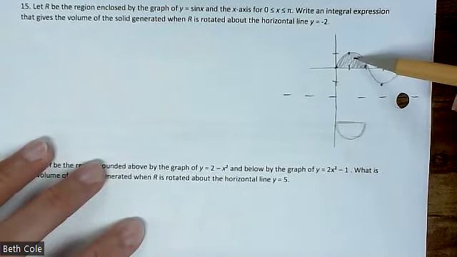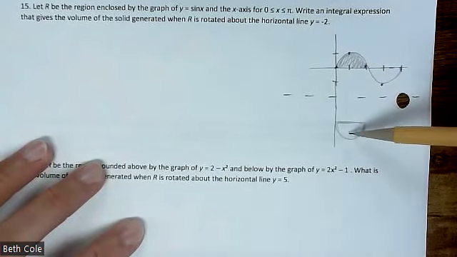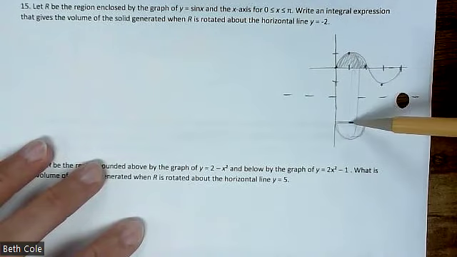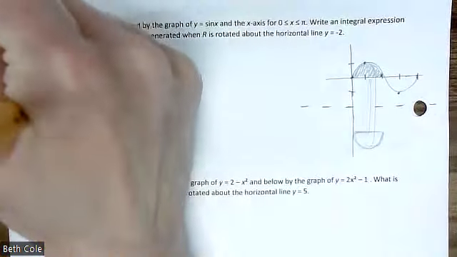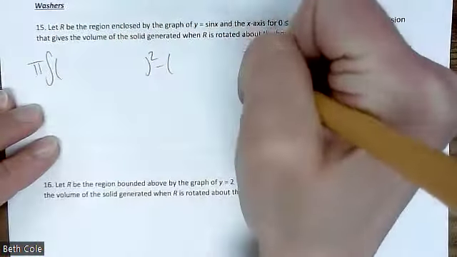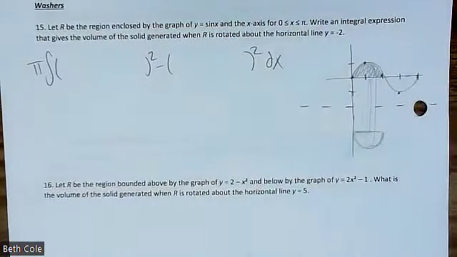And so the outside radius goes all the way to the edges, and then you have this hole in the middle. What would that look like? It would be round, you get what I'm saying? It'd be like an inner tube, or a donut. I like that. Cool, you're envisioning it. All right, so it's going to be pi times R squared minus r squared dx.